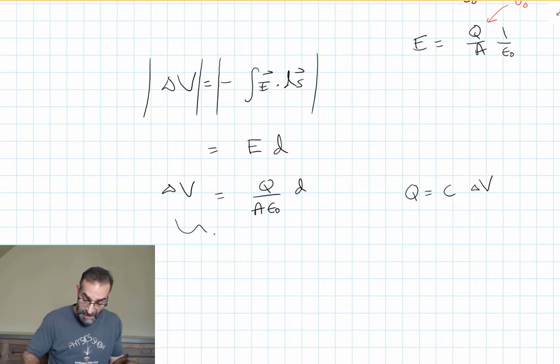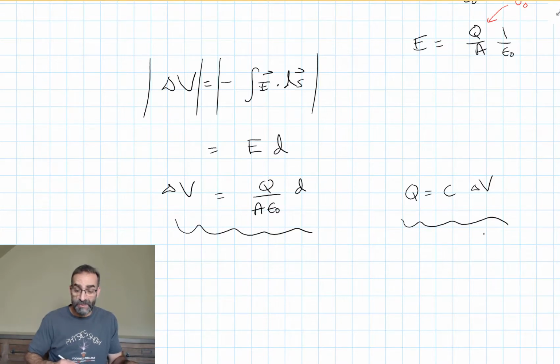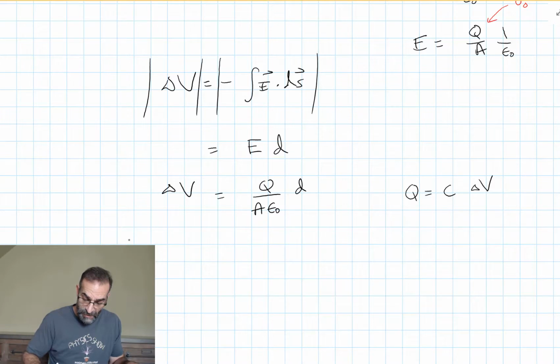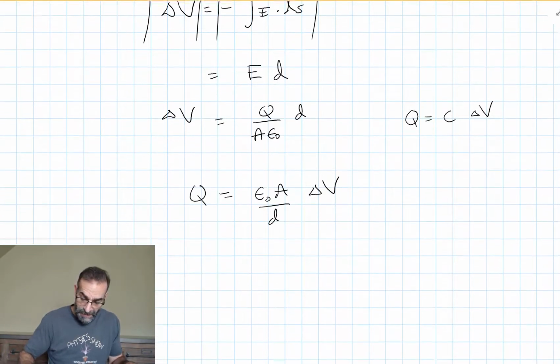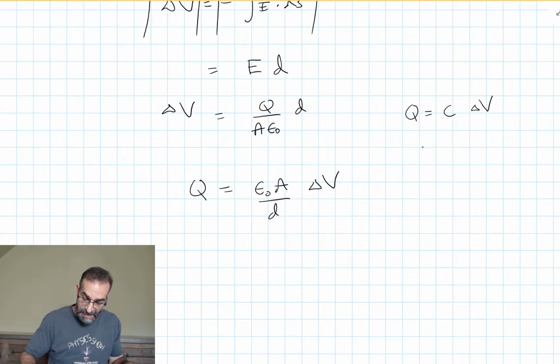I want to make this equation on the left look like this one on the right. So I'm going to rearrange it a little bit. I'm going to move my Q to the other side. And that's going to be epsilon naught A over d times delta V. Now, this equation looks a lot like this equation.